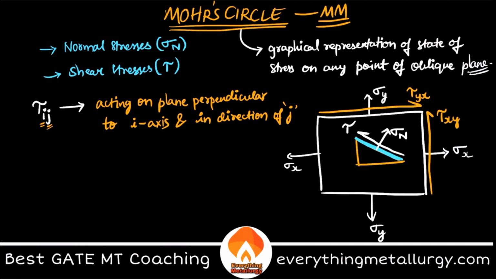Are they equal to sigma x or sigma y or tau xy? No, because of the angle. It is an inclined plane. Let's say this angle is theta. Of course, in Mohr circle we use 2 theta for a theta in the physical state. Don't worry, I'm not going into detail about that now. We'll discuss more about that in the full course.